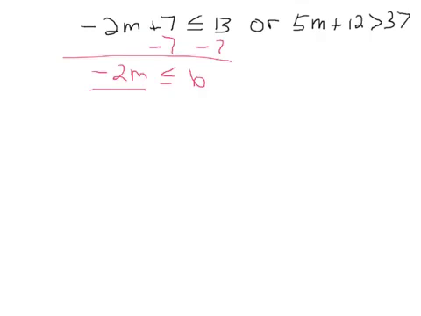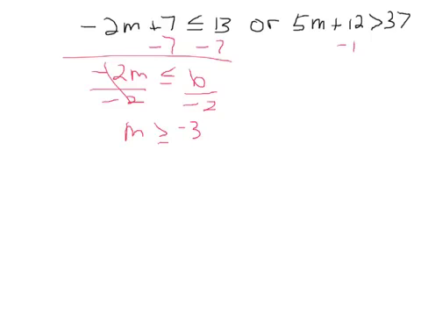And then I'm going to divide by a negative 2. Remember, when I divide by a negative, it switches to face the other way. The reason is that as our numbers get smaller on the negative side, left of 0, they look bigger for their absolute value.